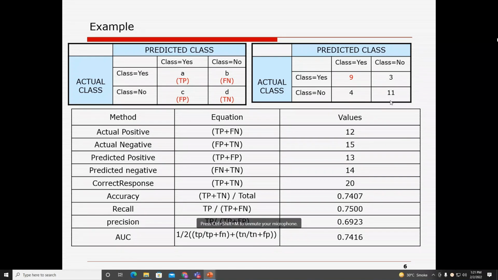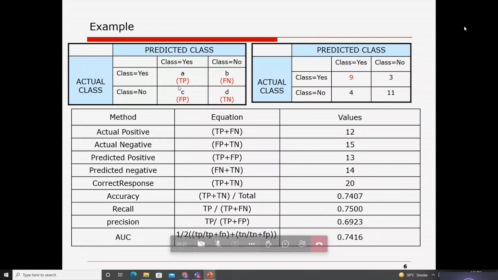So 11 upon 11 plus 4, that is 15. So 11 upon 15, how much value is there? Sum it up with this 0.7500 and multiply by one half. Calculate. 0.7416.